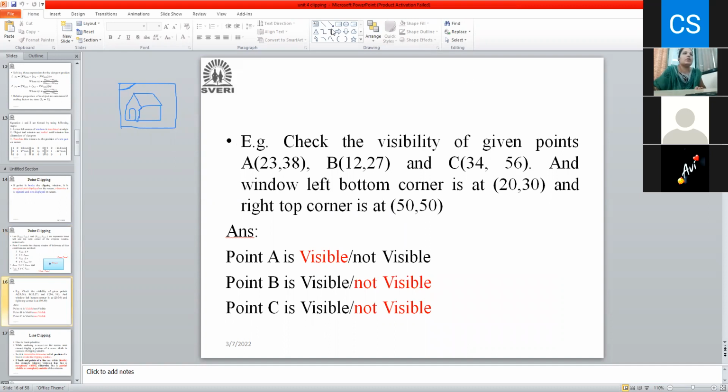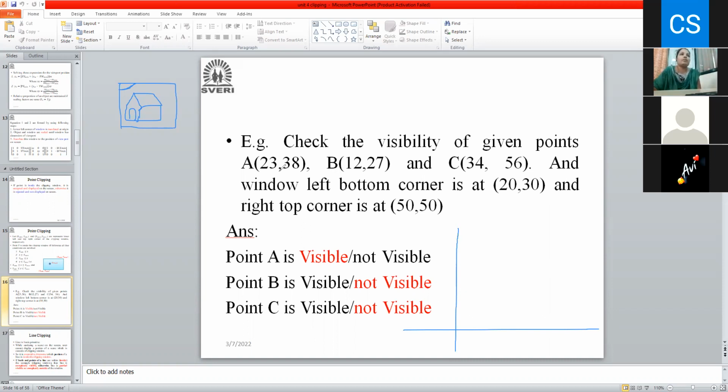So let us draw the diagram here. We have to check the visibility of the given points 23, 38, 12, 27, 34, 56, and window left bottom corner is 20, 30. So I'm going to draw the window first, and then we will plot the points, whether they are inside, outside, that we will check.